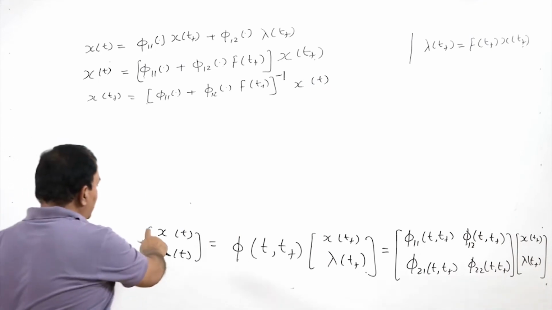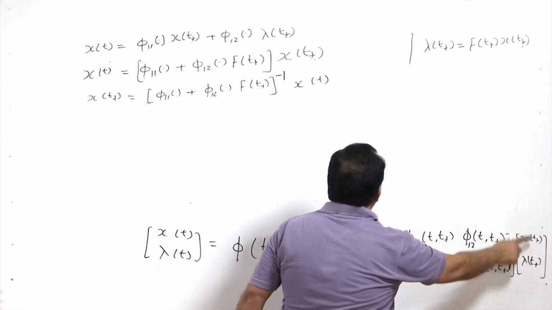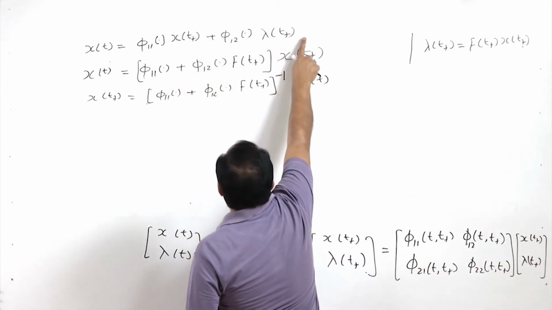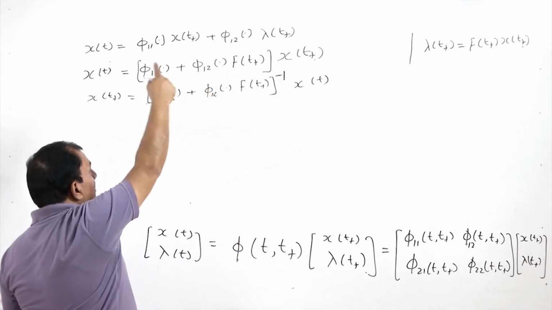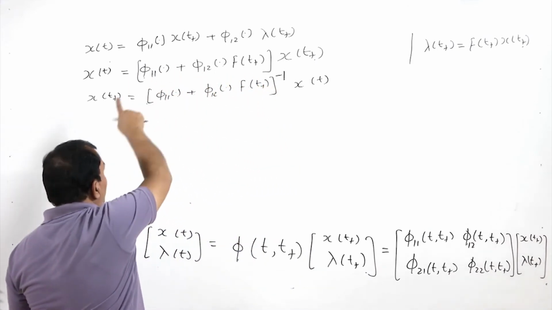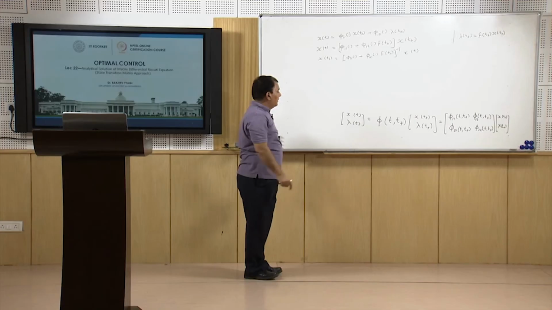So, from the first equation x(t) we have expanded as phi 11 x plus phi 12 lambda, we replace the lambda(t_f) by f, and then we are writing x(t_f) in terms of the x(t).